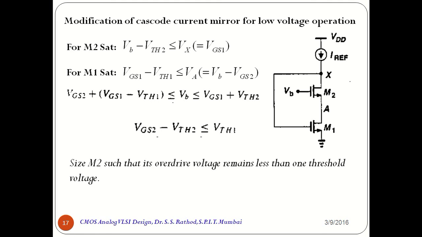Thus from these two equations we get VB greater than or equal to VGS2 plus VGS1 minus VTH1, and VB less than or equal to VGS1 plus VTH2. So VGS2 minus VTH2 should be less than or equal to VTH1. So we have to size M2 such that its overdrive voltage remains less than one threshold voltage.